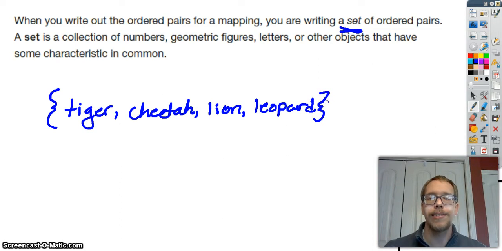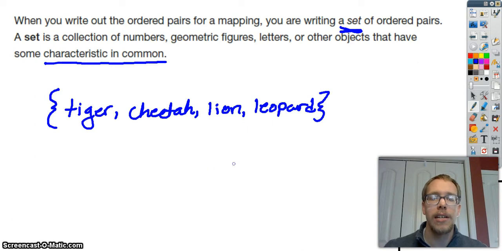Well, that is a set of wild cats that you may find at a zoo or in different parts of the world. Notice these all have something in common. They're all felines. You have the tiger, cheetah, lion, and leopard. They all have some characteristic in common.